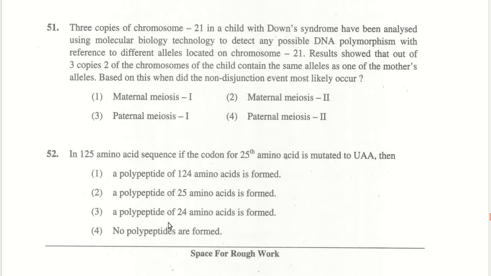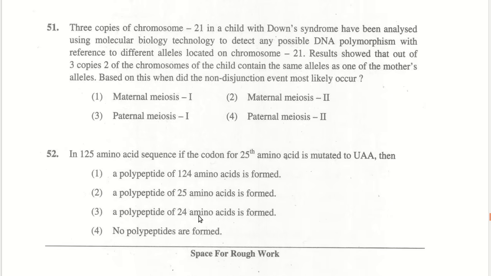52nd, in 125 amino acid sequence, if the codon for the 25th amino acid is mutated to UAA, then a polypeptide of 24 amino acids is formed because UAA is a nonsense codon, and it is a terminator codon.